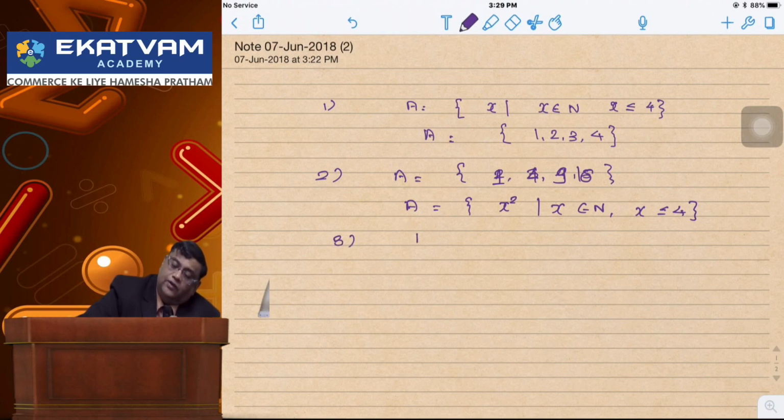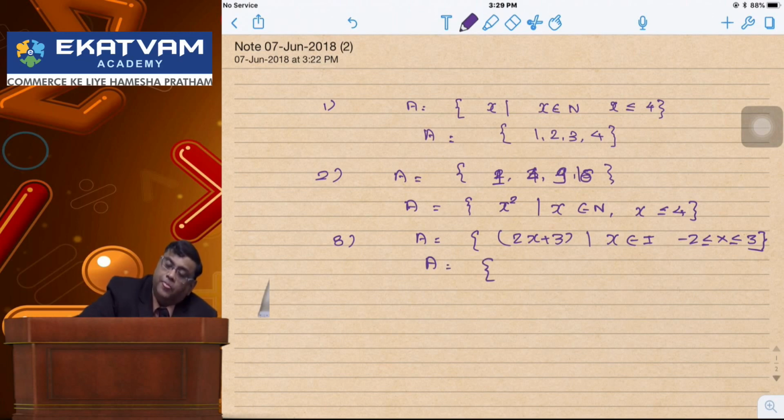Whereas if I say A equals 2x plus 3 such that x belongs to integers, -2 is less than or equal to x is less than or equal to 3, then tell me this A will be equal to what? When you put -2, you will get -4 plus 3, which is -1. When you put -1, you will get 1.